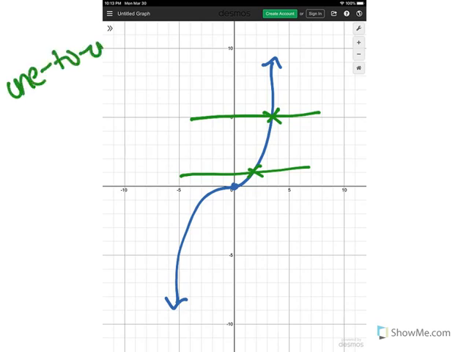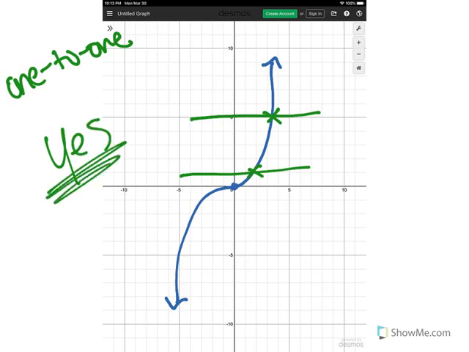So determining if it's 1 to 1, you would say yes. This picture passes the 1 to 1 test because it only hits one time. If it hits more than one time going horizontally, then it's not 1 to 1, which means it does not have an inverse. This has an inverse, and we know that to be the cube root function.